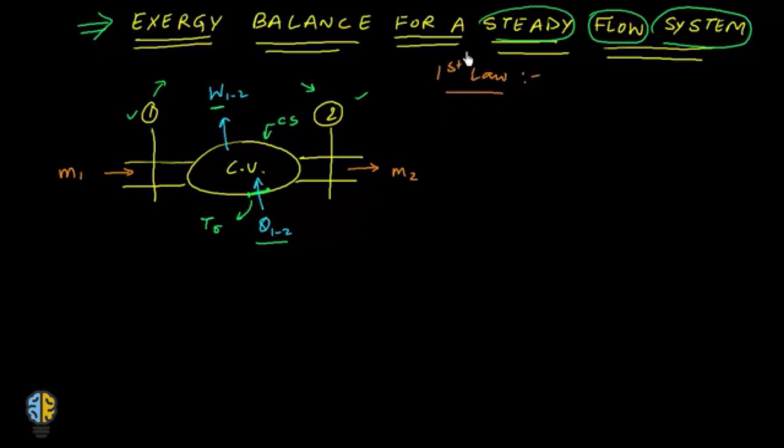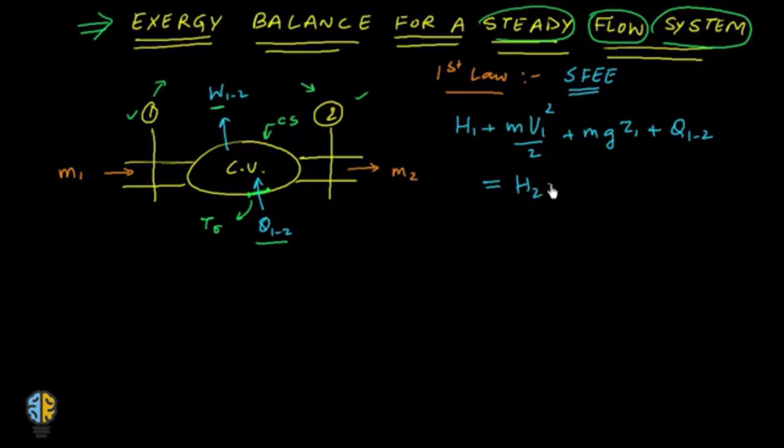Let's apply the steady flow energy equation onto this control volume, and that would be H1 plus m v1 square by 2 plus m g z1 plus Q12 is equal to H2 plus m v2 square by 2 plus m g z2 plus W12.